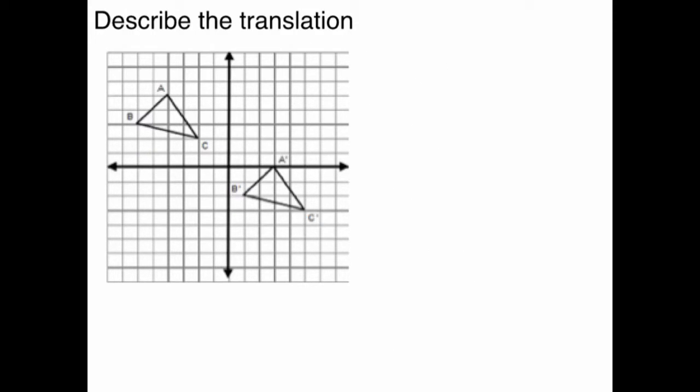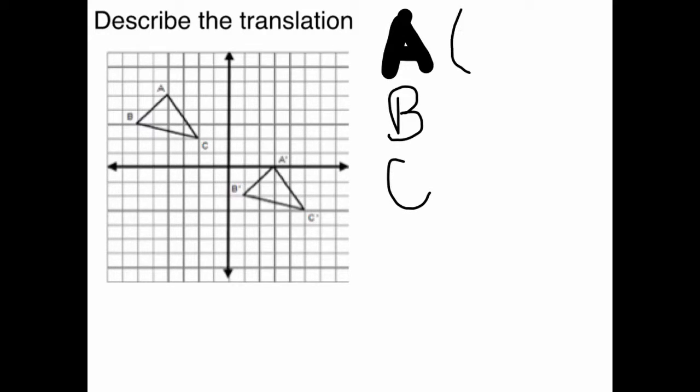So before we talk about the translation, let's write our coordinates for A, B, and C of our original triangle. My coordinate for A: my x-coordinate is -4, and then my y-coordinate is 5.